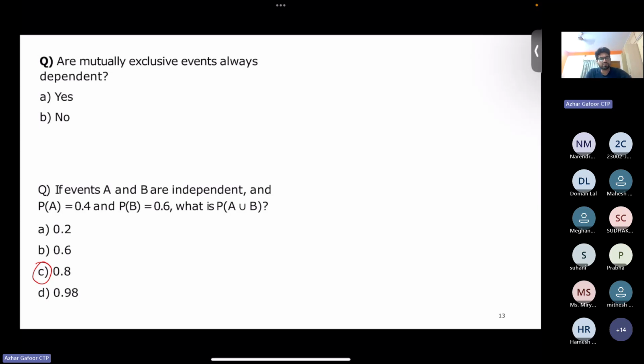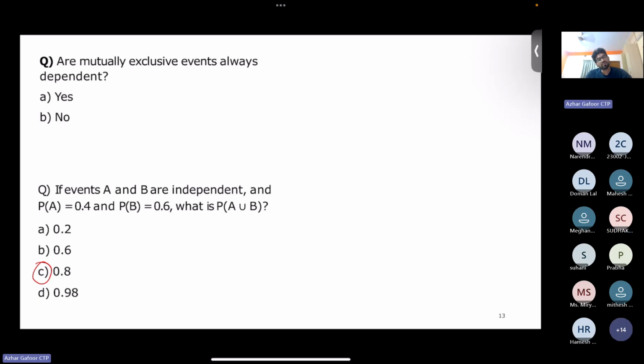Can you explain so that the other class can also understand? Actually, the answer is yes. Mutually exclusive means no elements are in common, sir. So there is no chance of dependency.